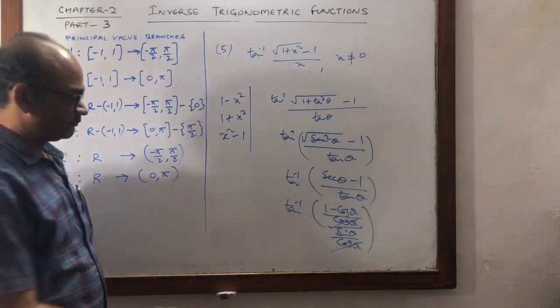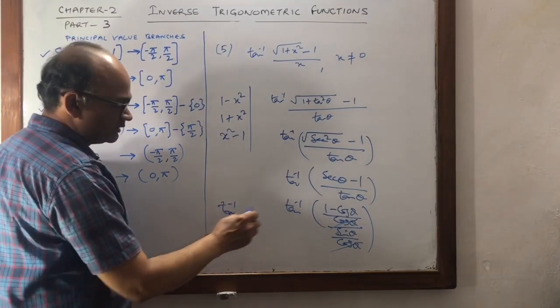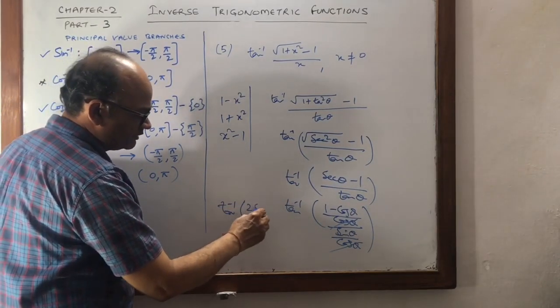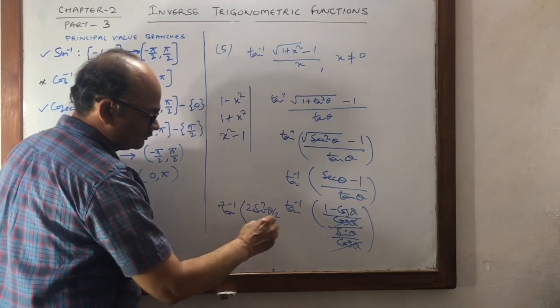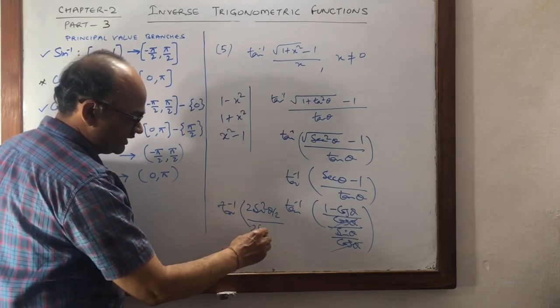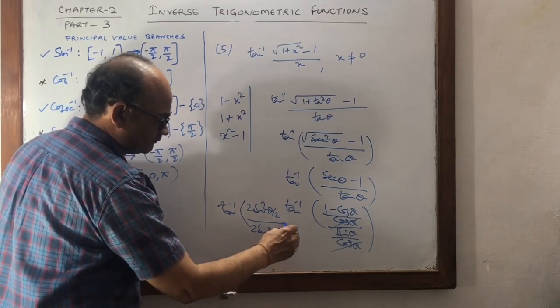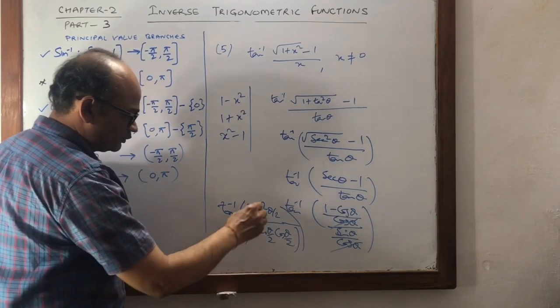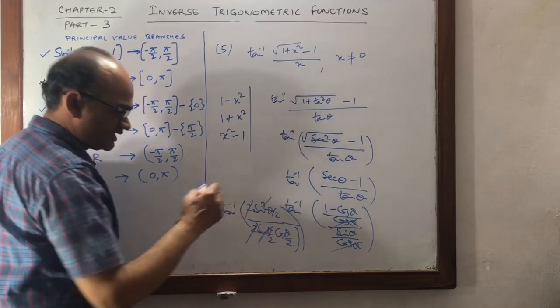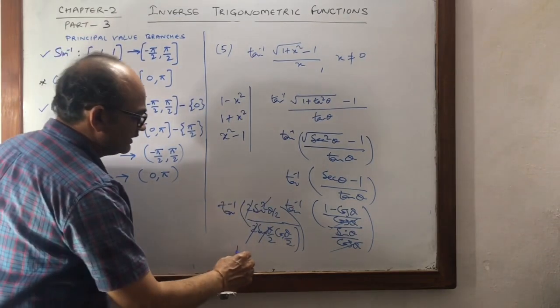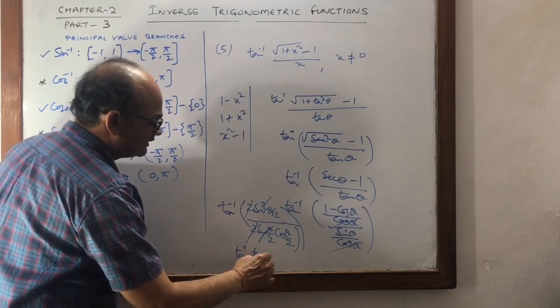Now you know from 11th class that 1 minus cos theta is 2 sin square theta by 2, and sin theta in the half angle formula is 2 sin theta by 2 cos theta by 2. 2 and 2 cancel out, 1 sin and 1 sin cancel out. This is only tan inverse of tan theta by 2.